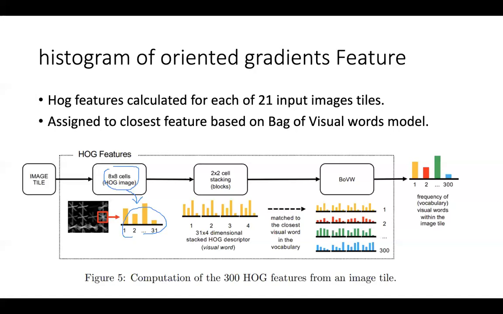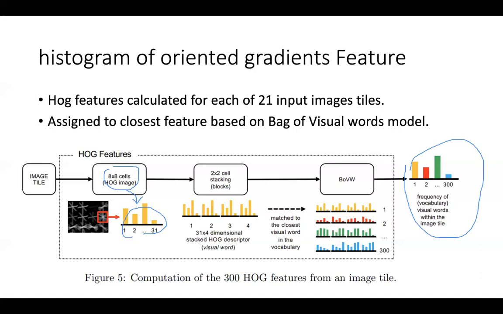So they want to reduce it to a single dimension, I guess. No, consider this: the final result is each image tile turned into a 300-dimension vector. Oh yeah, sorry.